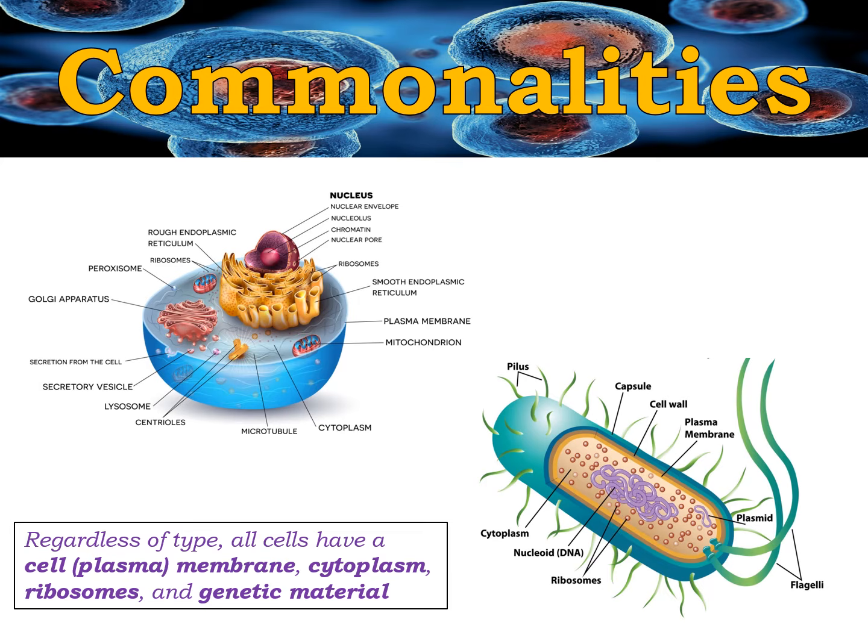In addition to the cell theory, there are structures that you'll find in any cell. Regardless what type of cell it is, you will always be able to find a cell membrane, or what some will call a plasma membrane. Regardless what kind of cell it is, it will always have cytoplasm.